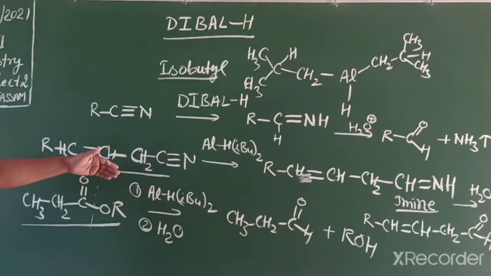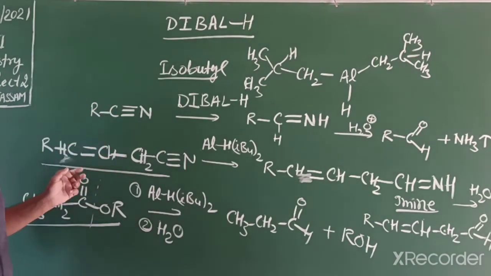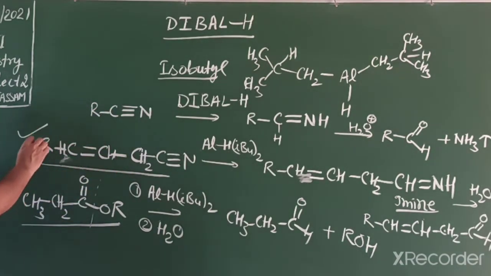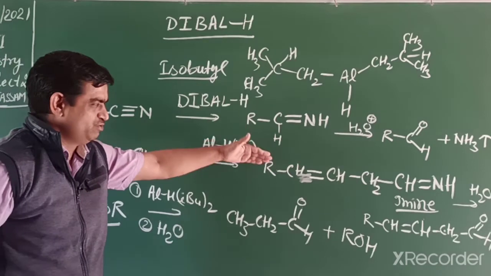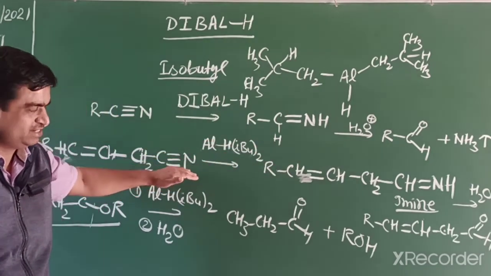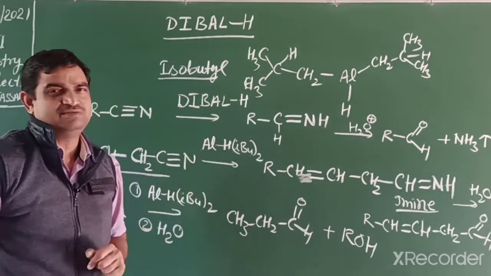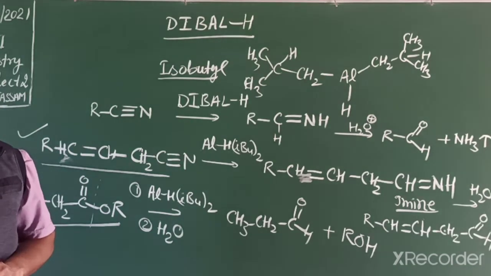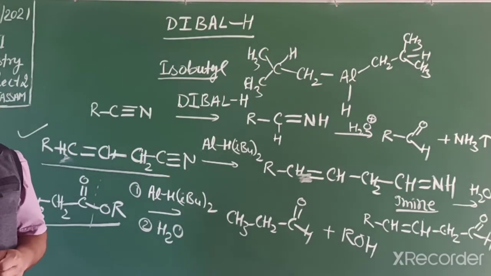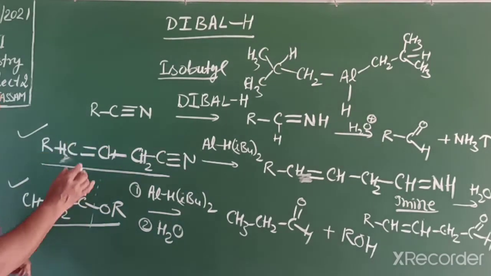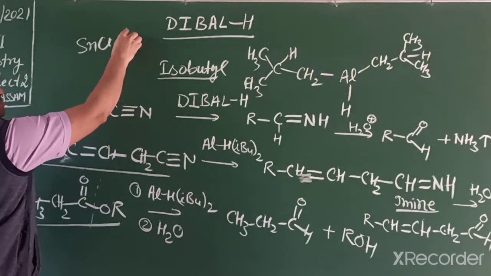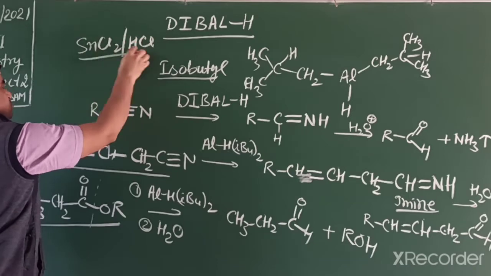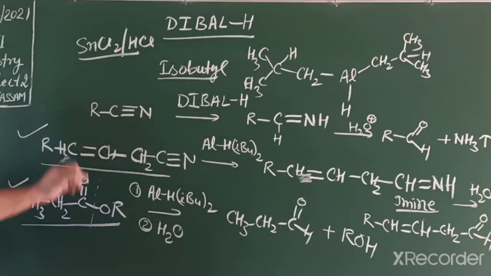So students, by these two reagents, by two methods, from cyanides and esters, we can use this selective reagent. This is very important, and this is a cheaper reagent. In industry we can easily prepare aldehydes, but in Stephen reduction we use the particular reagent stannous chloride and HCl to convert cyanide into aldehyde.